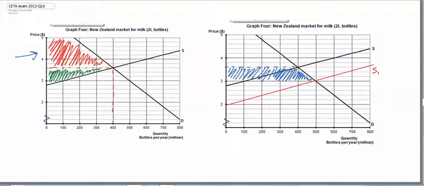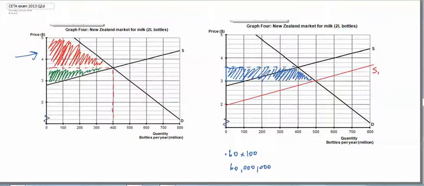Now, there's probably a number of ways to do it, but it seems to me that if I can calculate one of these blocks, let's do that square there. That's a square which is 20, 40, 60 cents, or 0.6, multiplied by 100 million. Well, it's actually all in millions, so that's going to be 60 million.